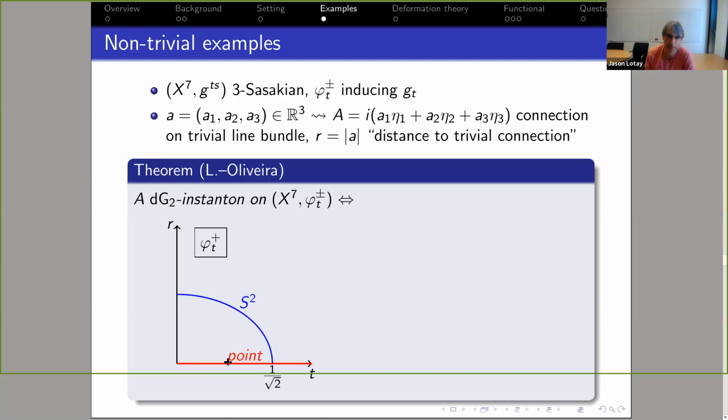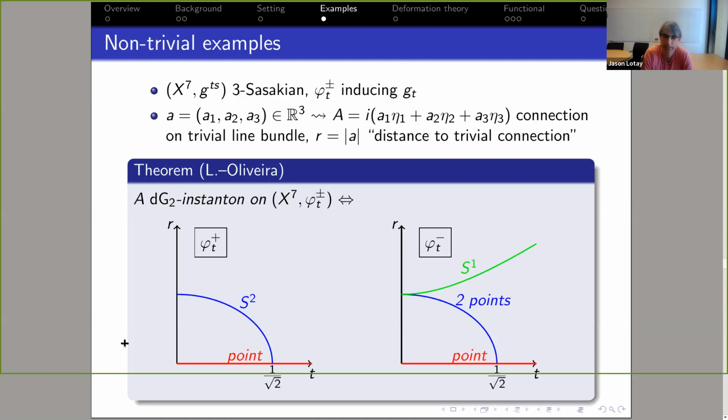That gives us a point in our space of solutions down at the bottom. That's when R equals 0. But then we have a family of DG2 instantons that's born at t equals 0. It's an S^2 family that then lives until t is 1/√2, where it dies. So that's the behavior that we have for phi_t plus.